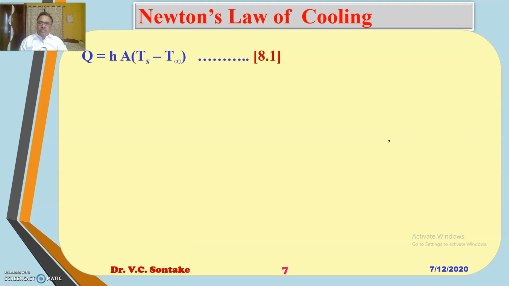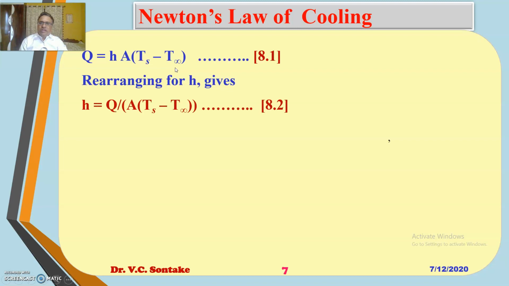In Newton's law of cooling and its mathematical formulation, given by the equation Q is equal to H into A into (Ts minus T infinity), let us rearrange this equation for H. Rearrangement will give me H is equal to Q over A into (Ts minus T infinity).